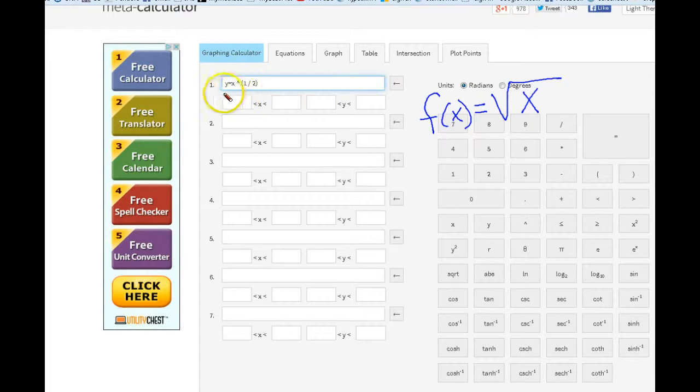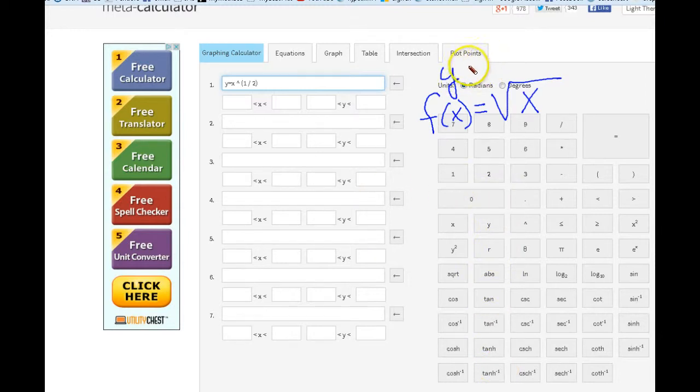A way to put that in a graphing calculator, and this is some of the tools they're giving us here, is to say we convert this to y. f of x could be y, and that's what I put there in my first calculation, equals, and what did we say from chapter 7 was another way to write this? Because I didn't see a square root sign here.